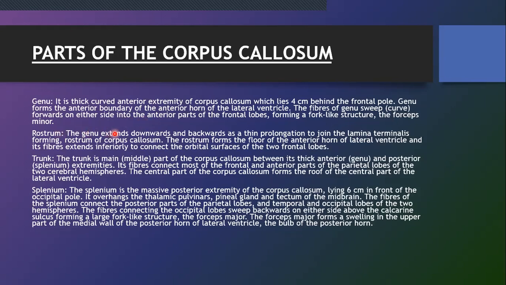Then the rostrum. The genu usually extends downwards and backwards as a thin prolongation to join the lamina terminalis, forming the rostrum of the corpus callosum. This lamina terminalis, when you do your embryology, refers to the most cranial end of the neural tube.